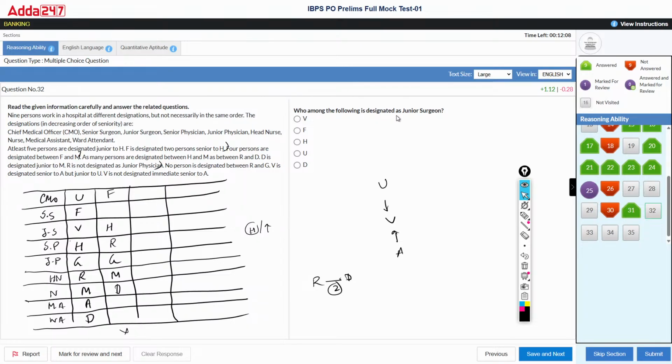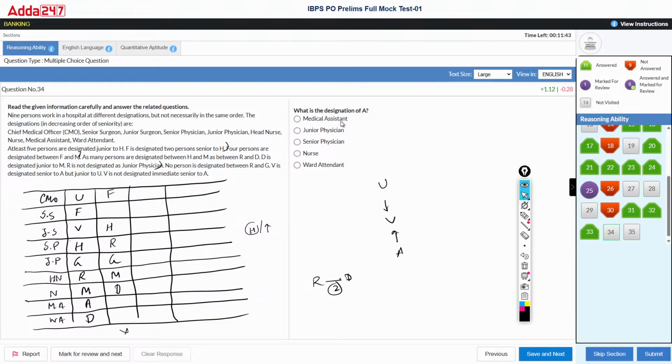The following designated as the junior surgeon, V. Who among the following is not designated senior to V? Senior to V. So U and F. So 1 and 3. What is the designation of A?